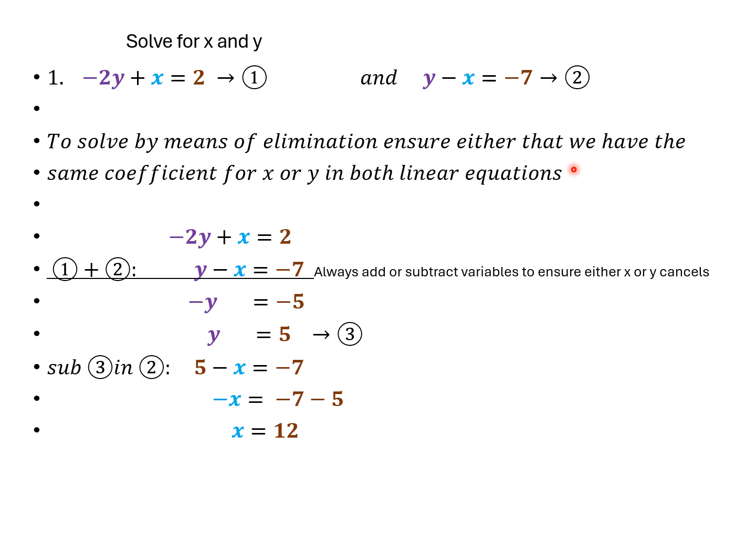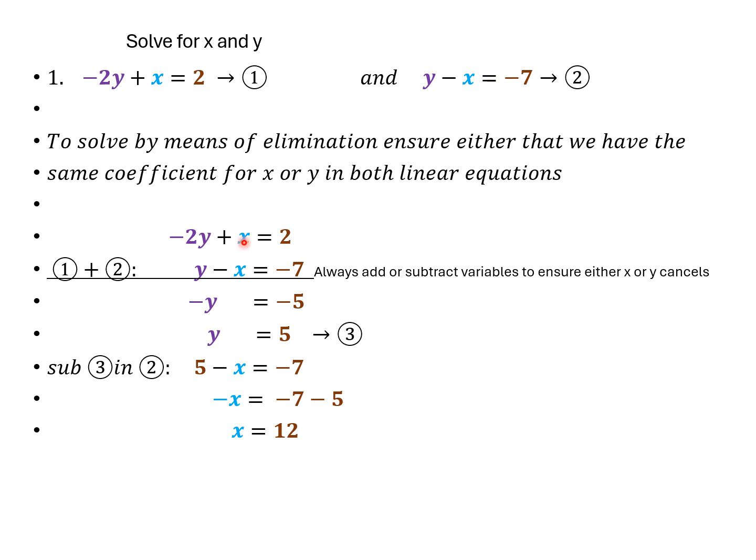If that reads minus 2y, can I make this minus 2y? If that reads plus 1x, can I make this also 1x? Do you follow? So if I write them above each other, I have minus 2y plus x equal 2, and y minus x equal minus 7.